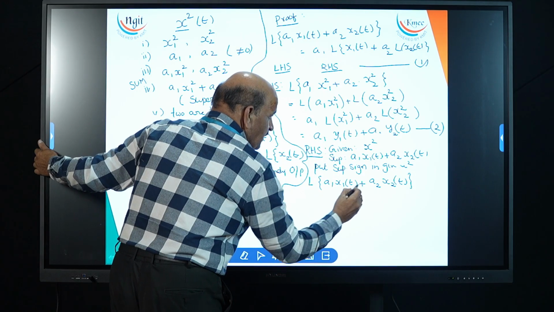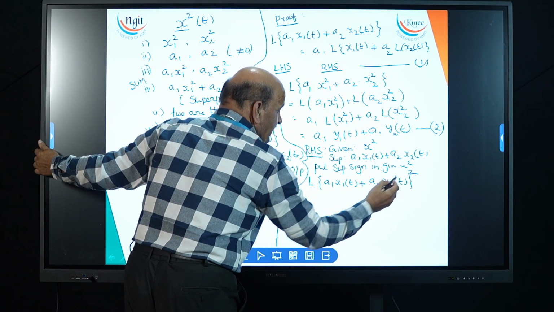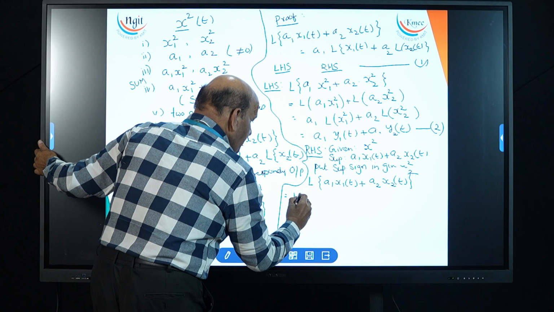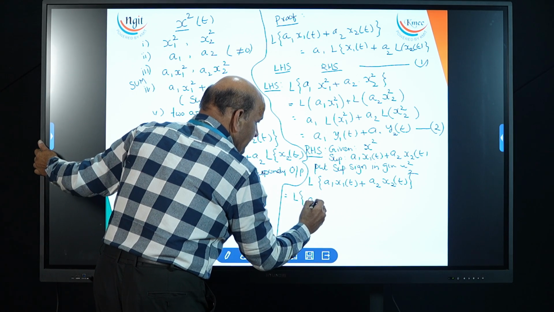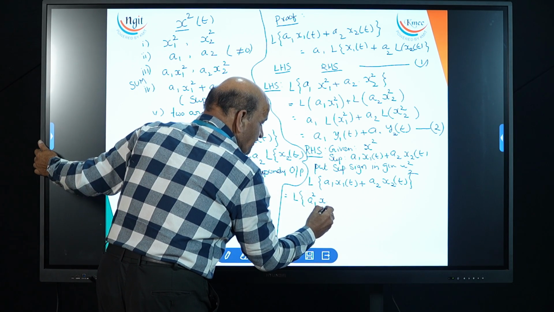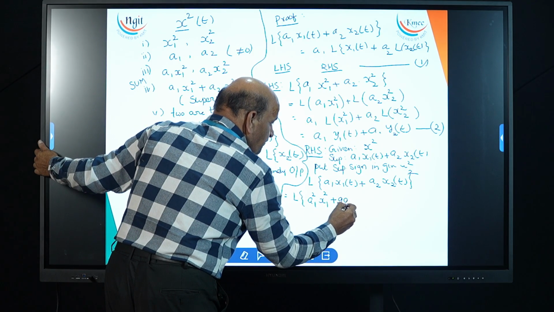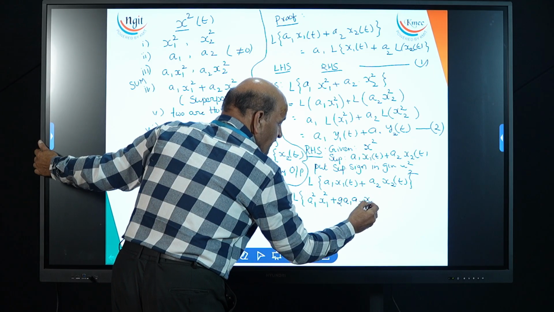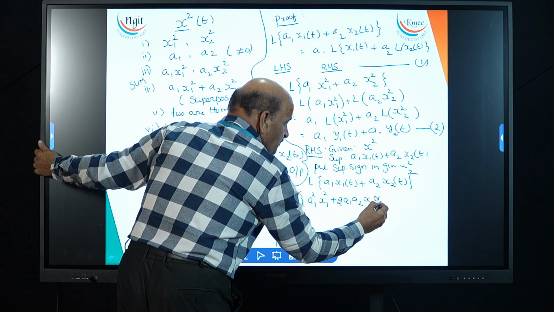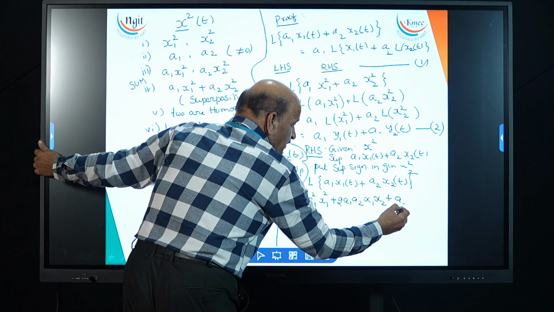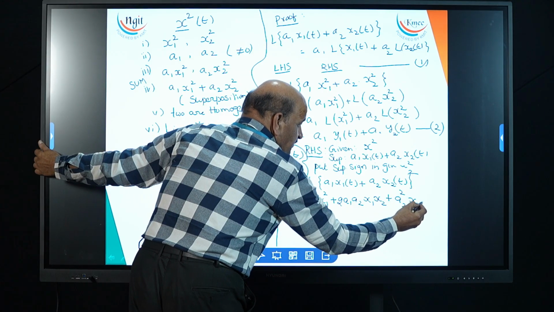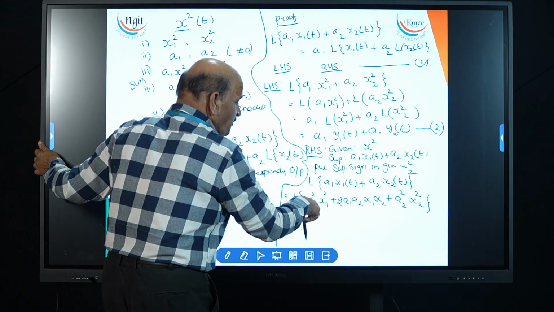This is equal to, it becomes what? Whole square. So this becomes L of, expand, A1 square x1 square plus 2 A1 A2 x1 x2 plus A2 square x2 square. No need to write t always.